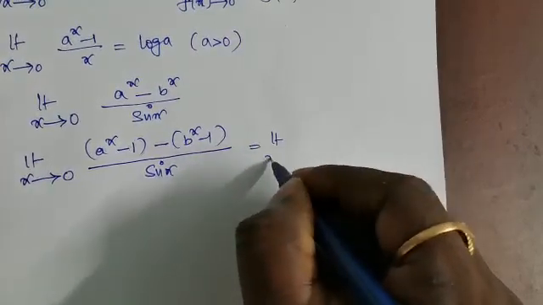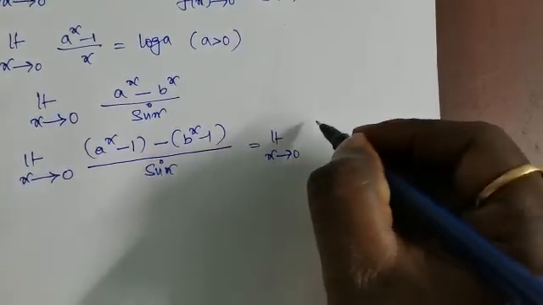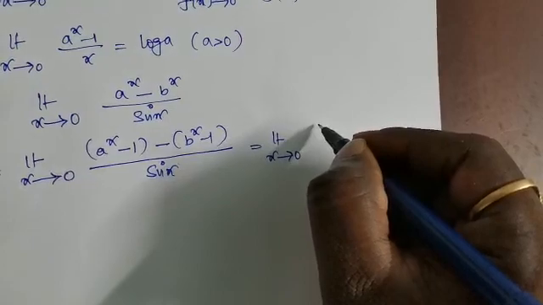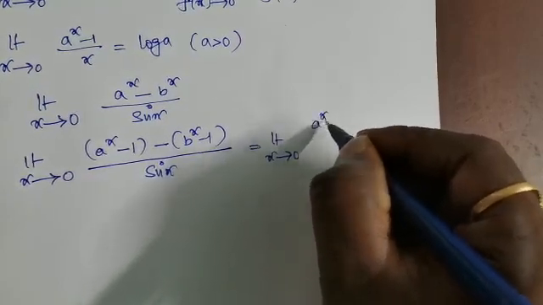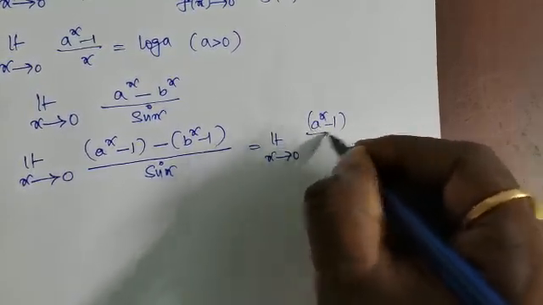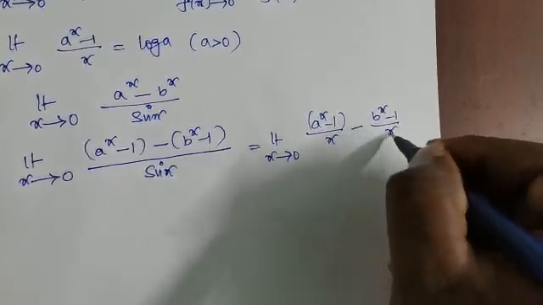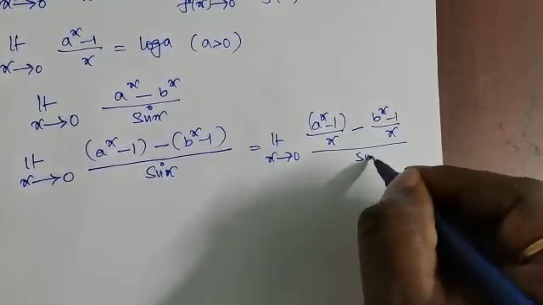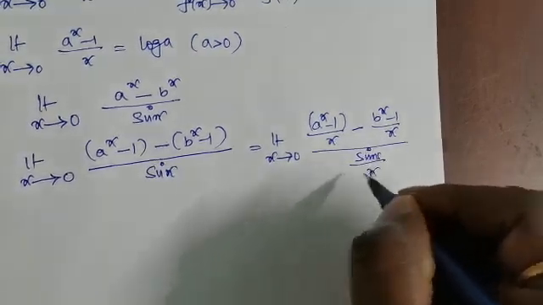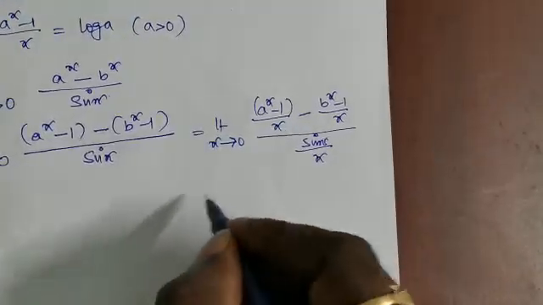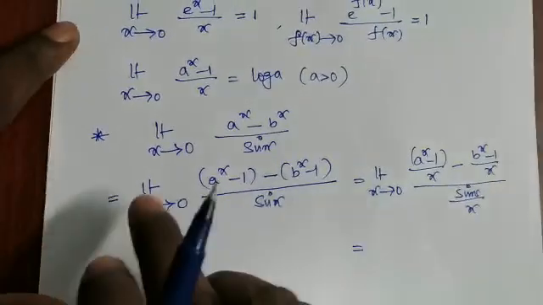Now limit x tends to 0. Now dividing numerator and denominator by x, what do we get? A power x minus 1 by x minus b power x minus 1 by x, whole divided by sin x by x. Now see, now come to our formula.